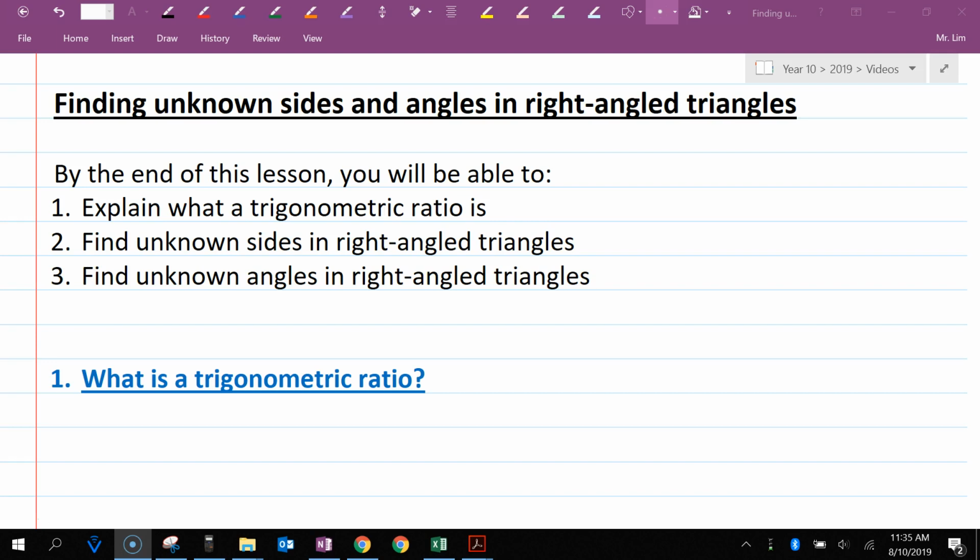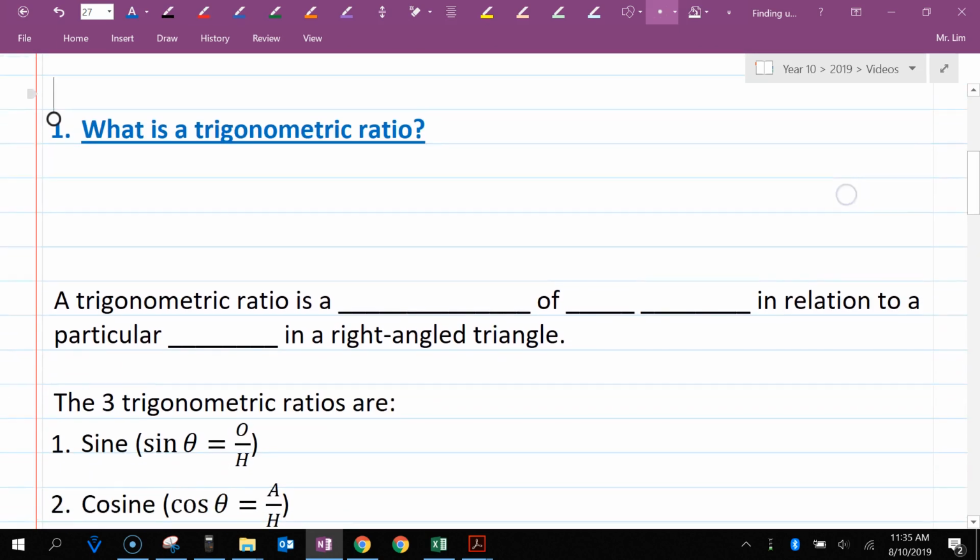What is a trigonometric ratio? Well, if we were to split this word up, we've got tri, which means 3, gon, which means angles, and metric, which means measure. So it's like we're measuring triangles.